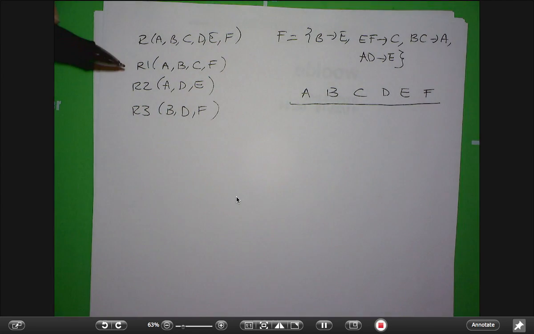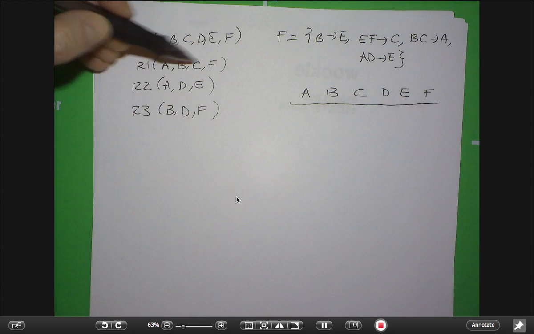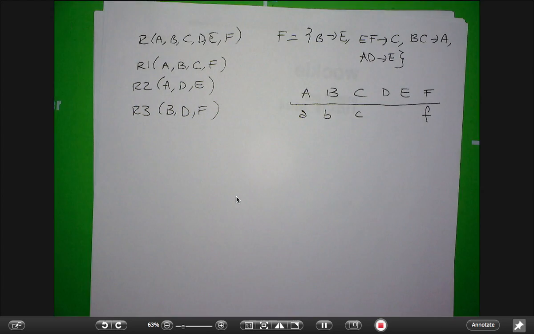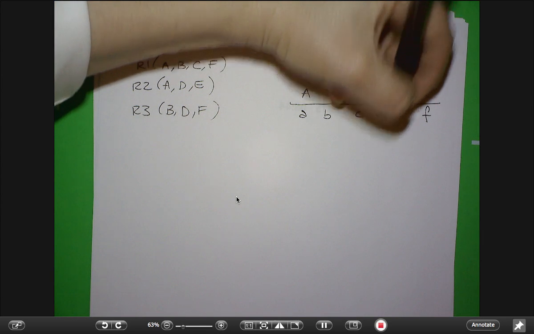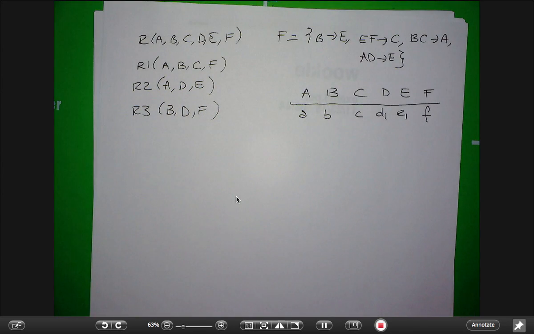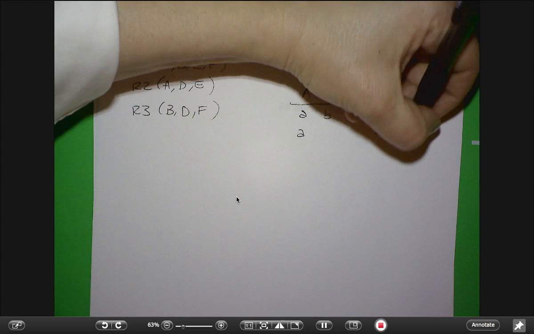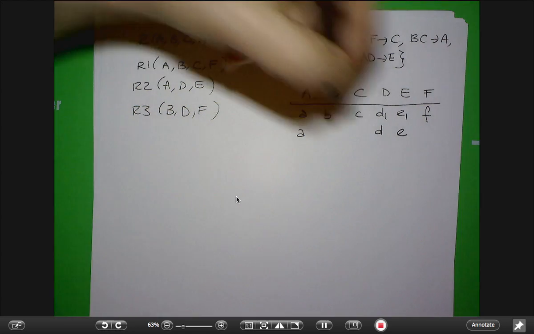Okay. So, for example, in R1, A, B, C, and F are known. So, A, B, C, and F. So that means D is unknown and E is unknown. I'm going to use a subscript for that. For R2, I have A, D, and E. So A, D, and E are known. The rest are unknown.